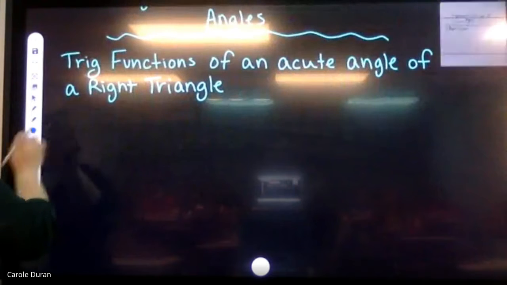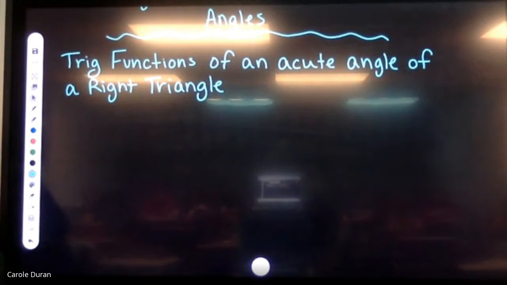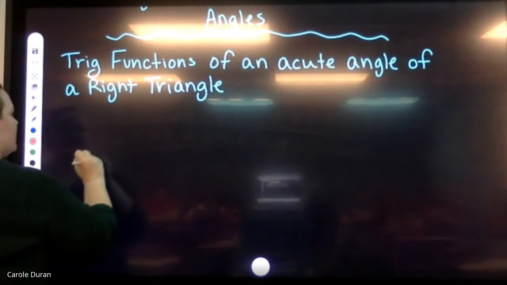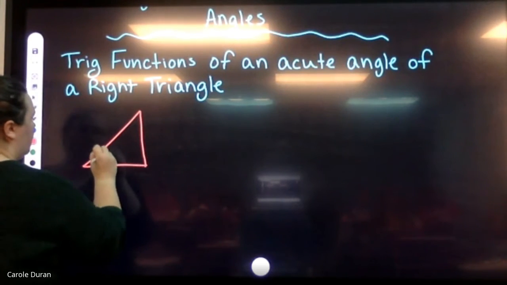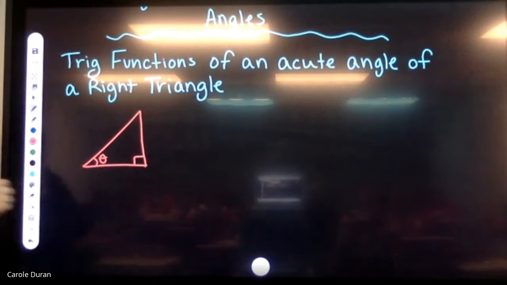When I'm talking about trig functions on acute angles in a right triangle, we have specific names for the sides of a right triangle in regards to that specific acute angle theta. Wherever our theta angle is will determine how the sides of this triangle are labeled.